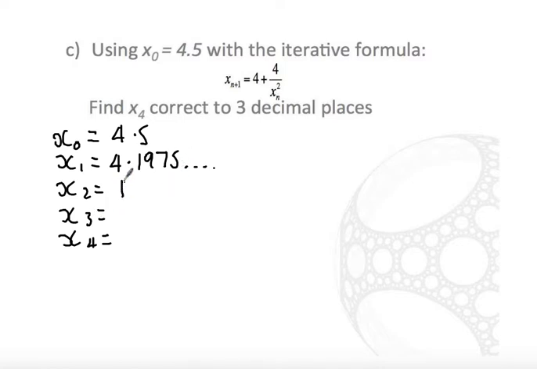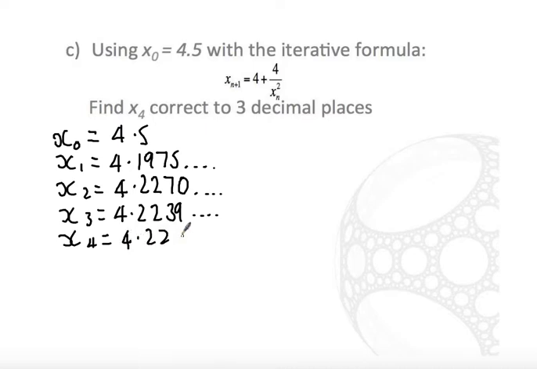Put it in again, and I'm going to find that x2 equals 4.2270 and that's with a little bit extra on the end. x3 is 4.2239, and then x4 is 4.2242 and so on, which when rounded to 3 decimal places is 4.224.